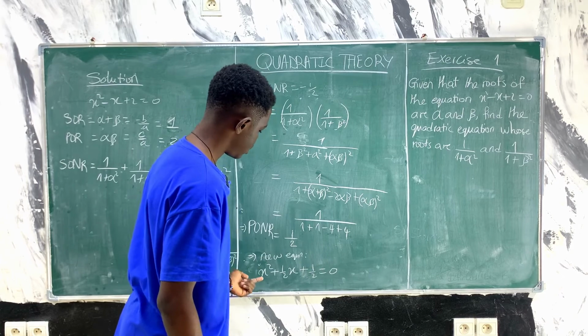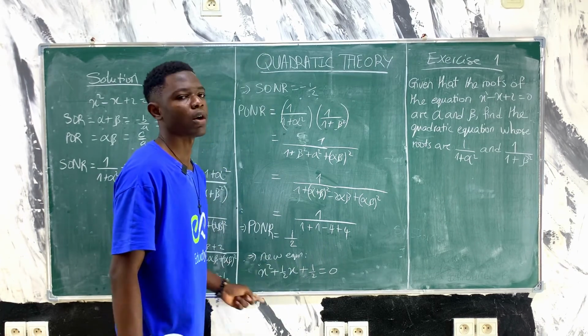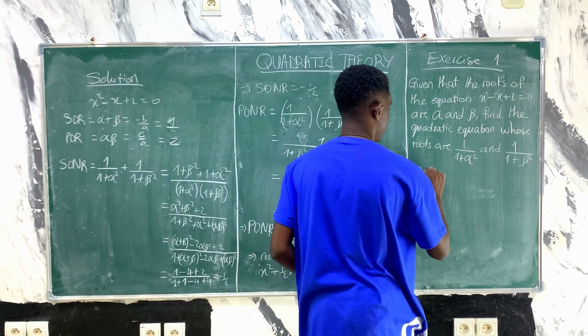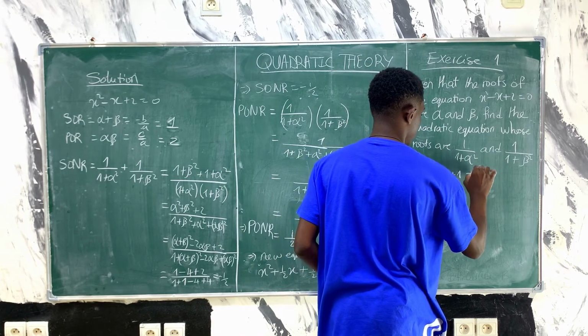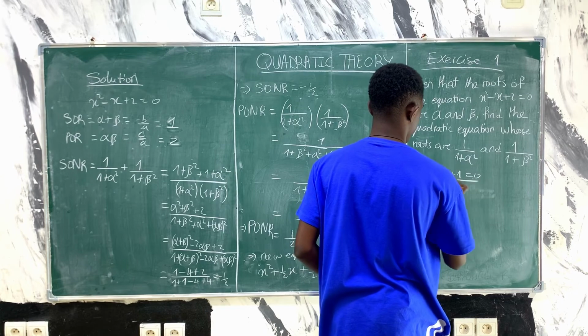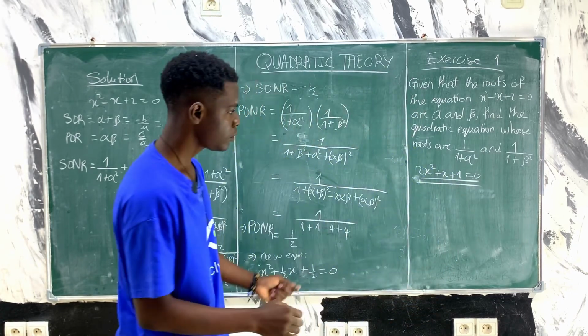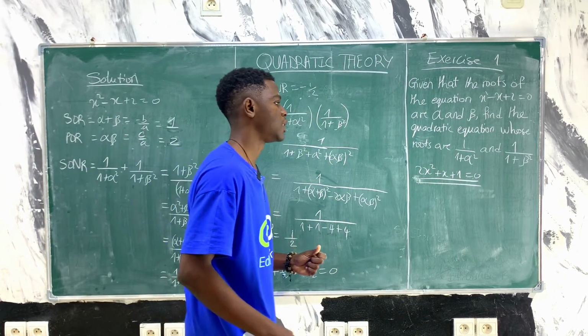To remove these fractions, you can multiply all through by 2. You are going to have 2x squared plus x plus 1 equal to 0. It's going to be your final answer.